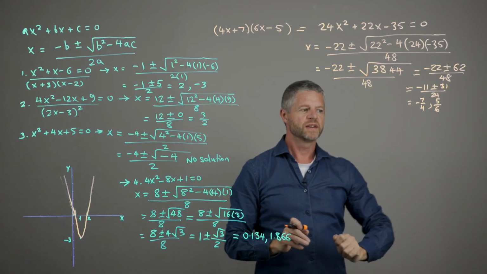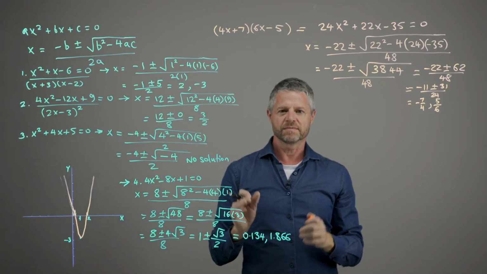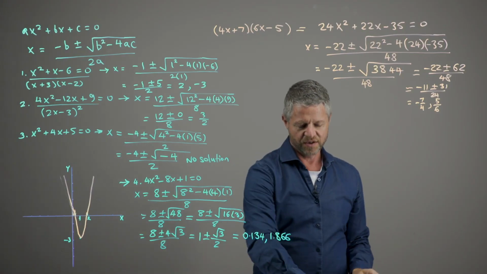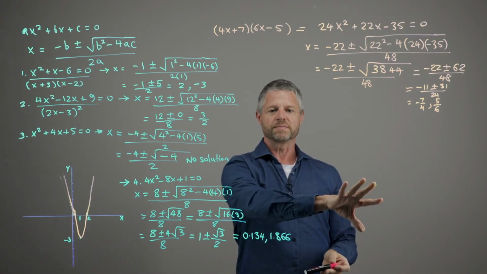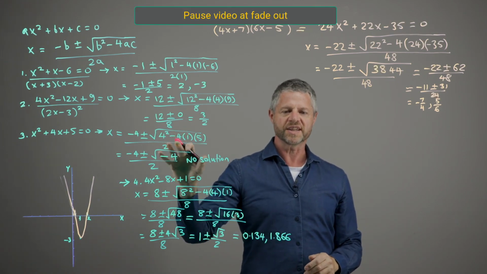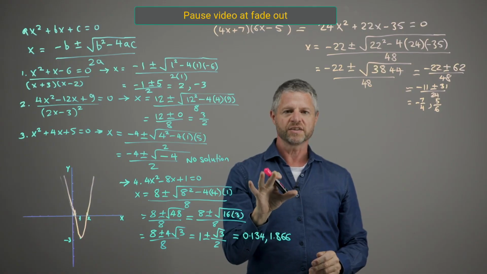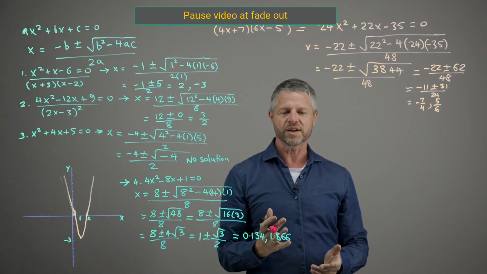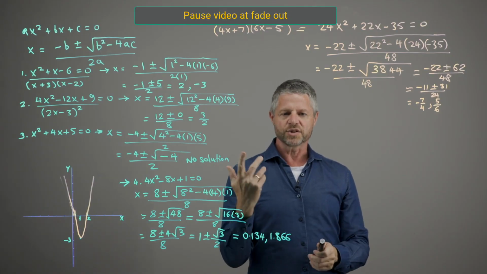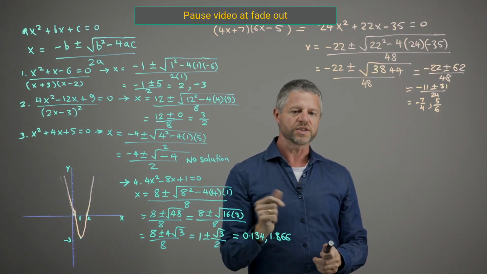So pause the video at this point and work on the next two problems that I'll put up and see if you can use the quadratic formula successfully to find the roots of the quadratic equations that I'll put up here. See if there's two solutions, one solution, or no solutions.